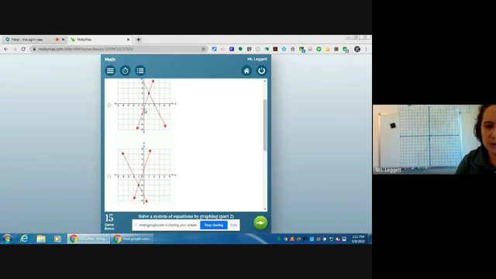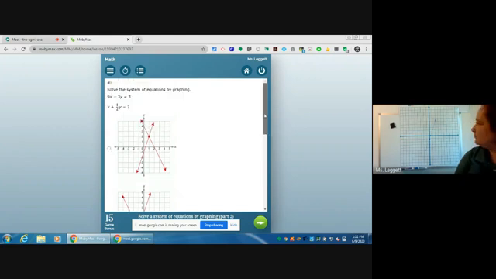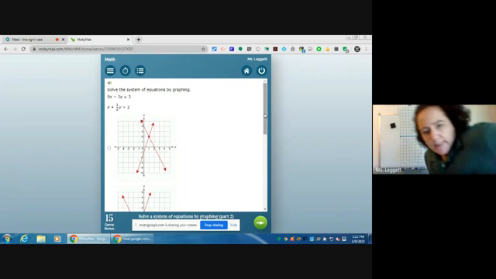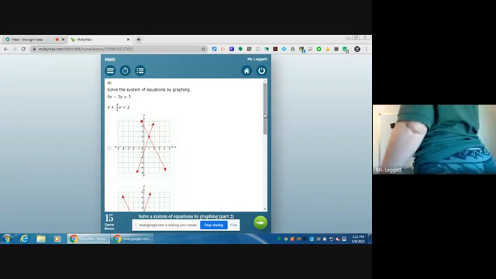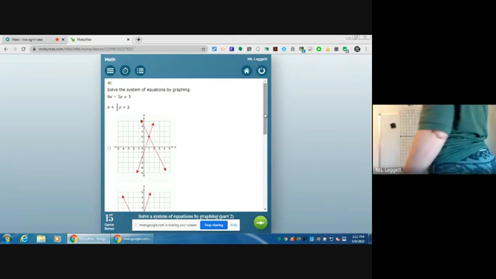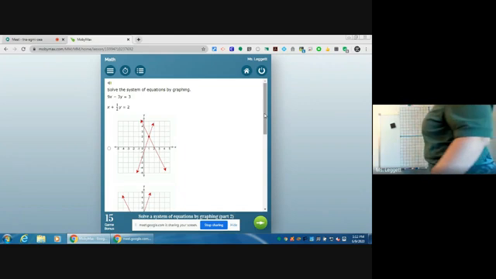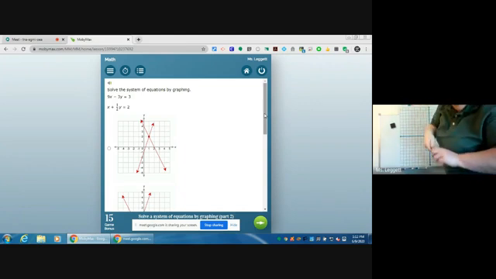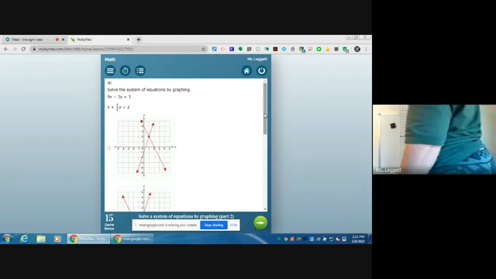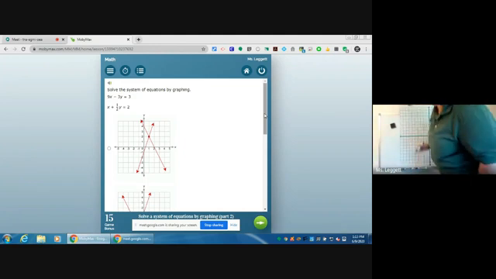So guess what, folks? This means that we have to actually graph the other one. So I'm going to write that down. That one is x plus half y is equal to 2.